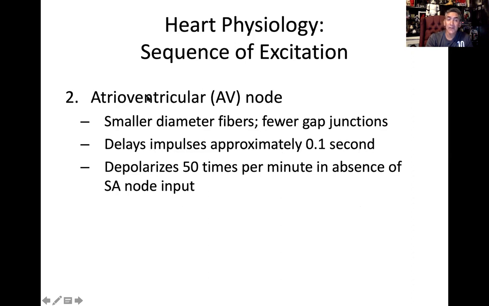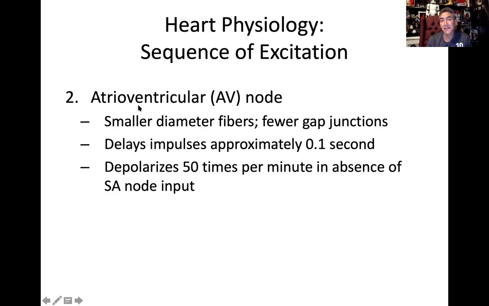This is a little bit slower, it's going to depolarize at about 50 beats per minute. If the SA node is damaged, that drummer is gone, and we have another drummer that likes to keep the beat a little bit slower, at about 50 beats per minute.